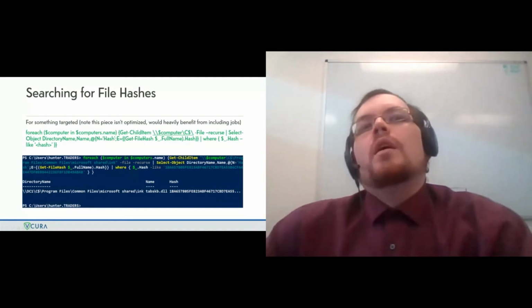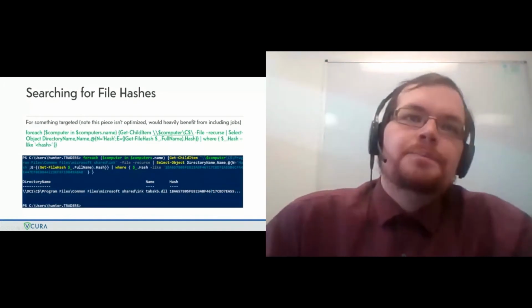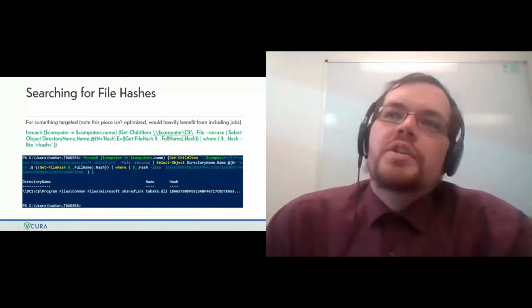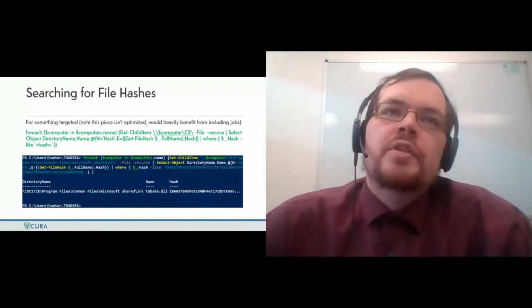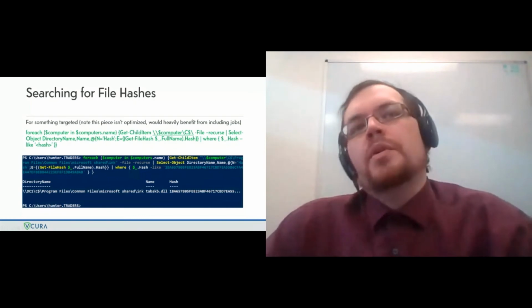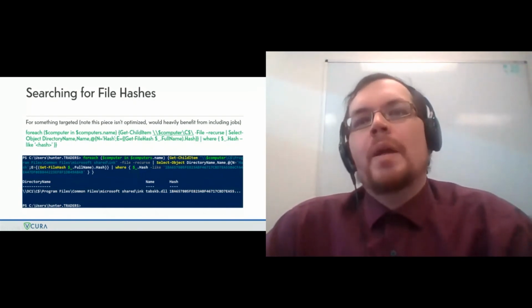So all of these objects that you see here, we're going to pipe each of those objects in, and we're looking at the hash property of each of those objects, and we only want to print out where that hash matches the hash that we are looking for throughout our environment.